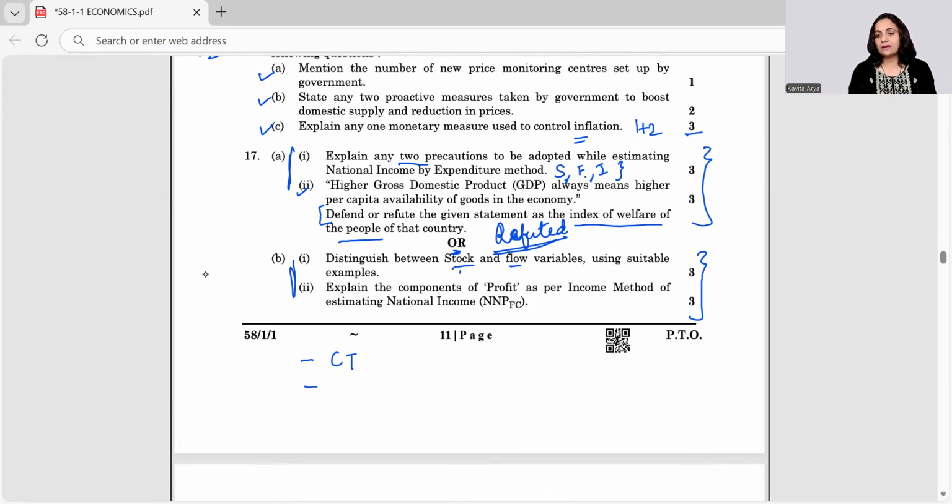Then the retained earnings or the undistributed profits, which is kept back by the organization, maybe for future growth aspects or for any unforeseen circumstances or contingencies. And the third part is given away to the owners of the company, that is the investors, and that is called the dividend. With this explanation, you are done with 40 marks, one segment of this eco paper.